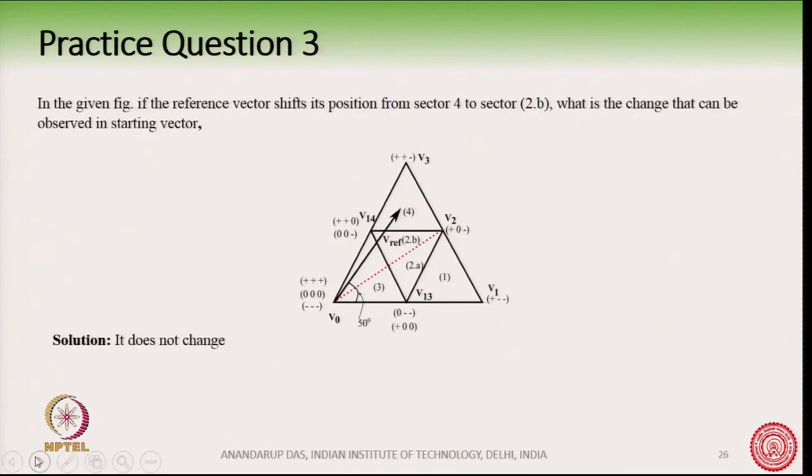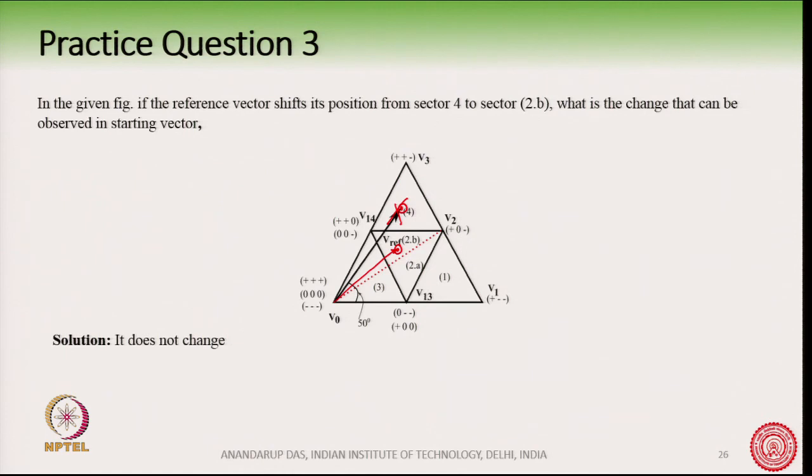Now, if the reference vector, instead of here, was here, we do not take this one, we take this one. What will happen to the starting vector or the pivot vector? No change.